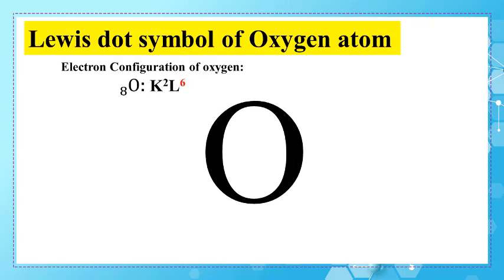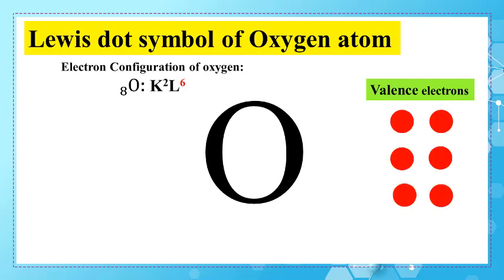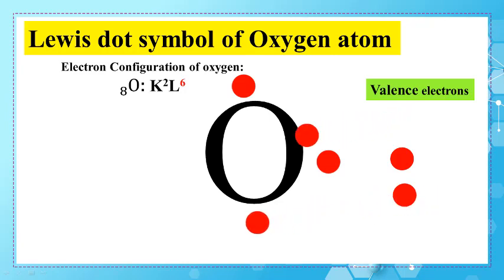The electron configuration of oxygen is K2L6. The number of valence electrons is 6, which is equal to the number of electrons on the outer shell or the valence shell L. In writing the Lewis dot symbol, the first 4 electrons will be distributed on the 4 sides of the oxygen atom, and then the remaining 2 electrons will be added successively to the first 4.